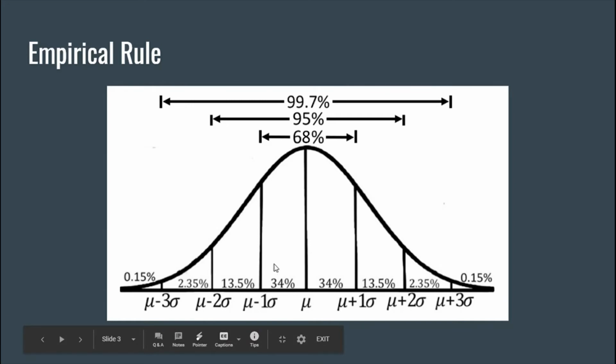In this case, within 1 standard deviation means 1 standard deviation above and 1 standard deviation below the mean, and that is going to contain 68% of your information. So from 1 standard deviation below to 1 standard deviation above your mean, this whole area right here will contain 68% of your data. Now within 2 standard deviations, from 2 below to 2 above, this whole space is 95% of your data.